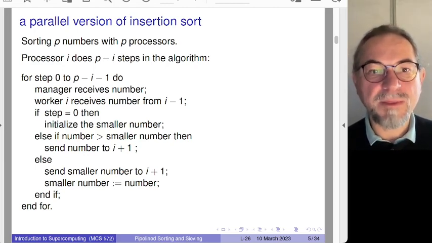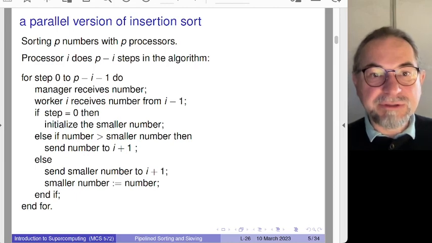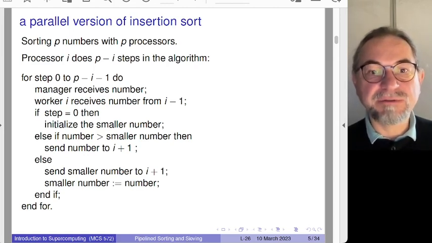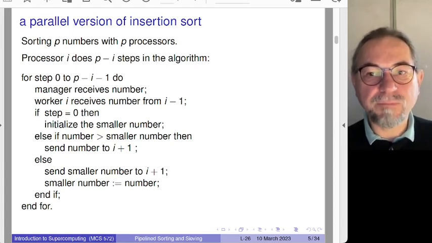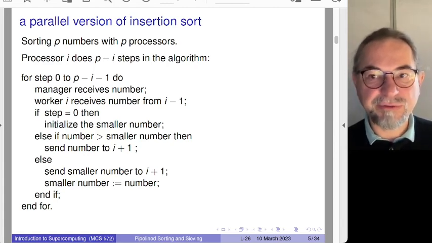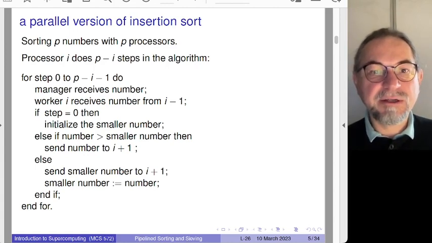read from file. Every other processor, which has identification number i strictly larger than 0, receives a number from the previous processor. If one is at the initialization, so if there is nothing there yet, then one will initialize.